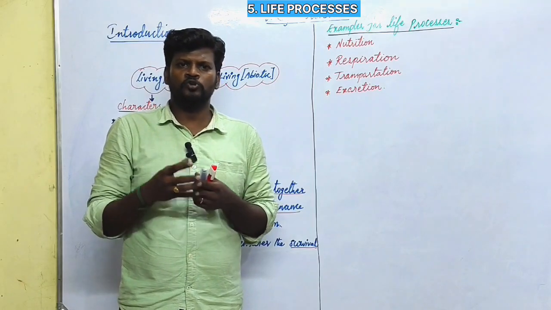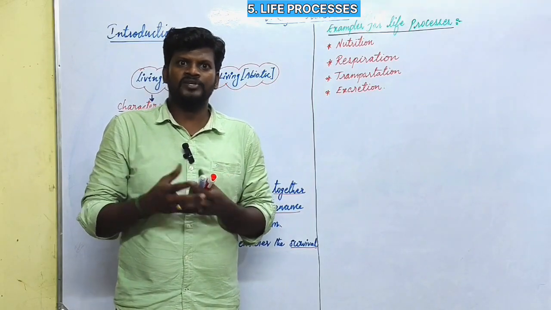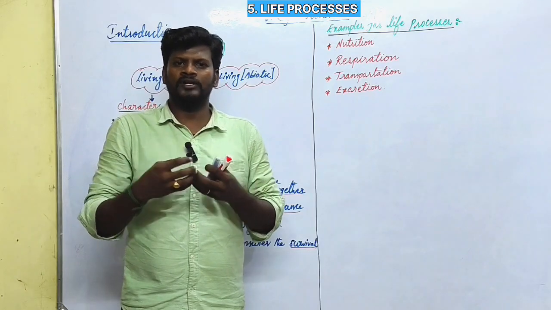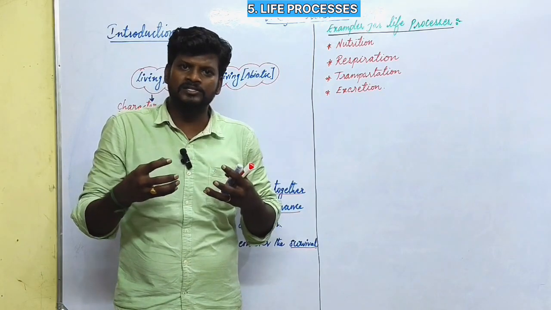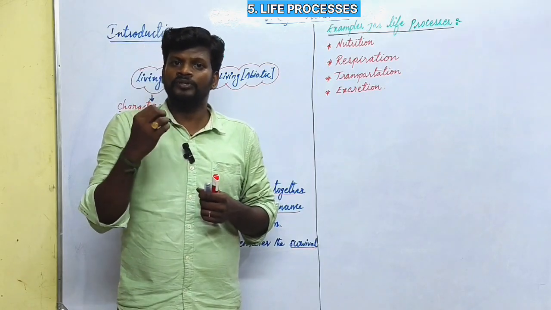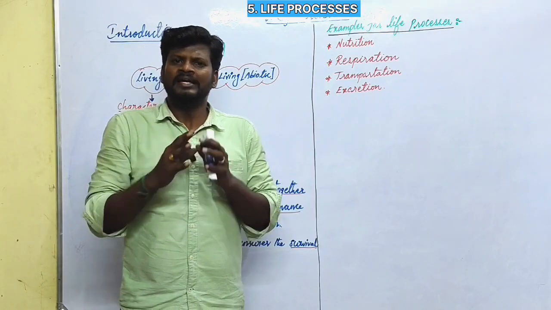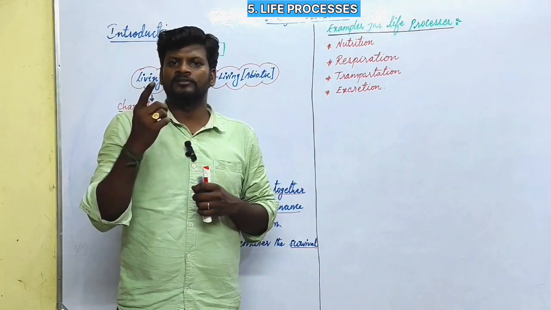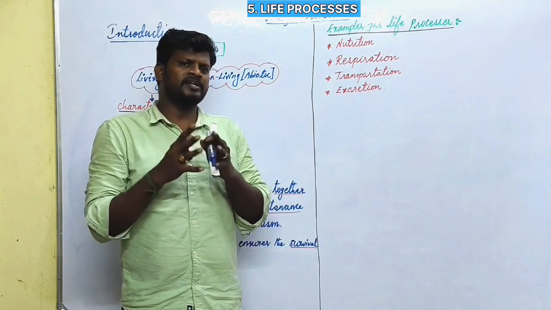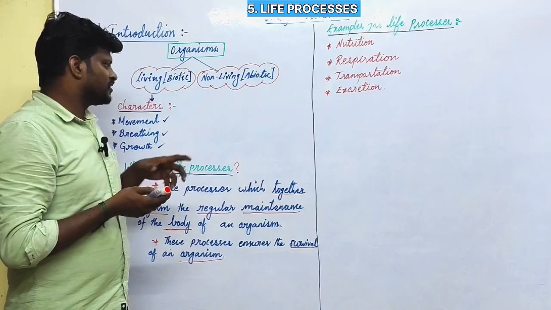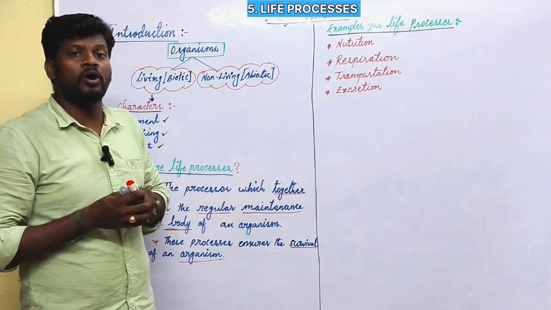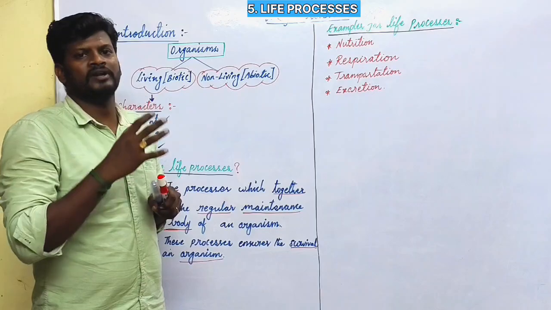The plant will not show much sudden growth, and there are certain microorganisms like bacteria and viruses which are not at all visible to our eyes. Even though they are growing, it is not visible. It doesn't mean that they are not living organisms. So my dears, these factors are not well-defining factors of living organisms.